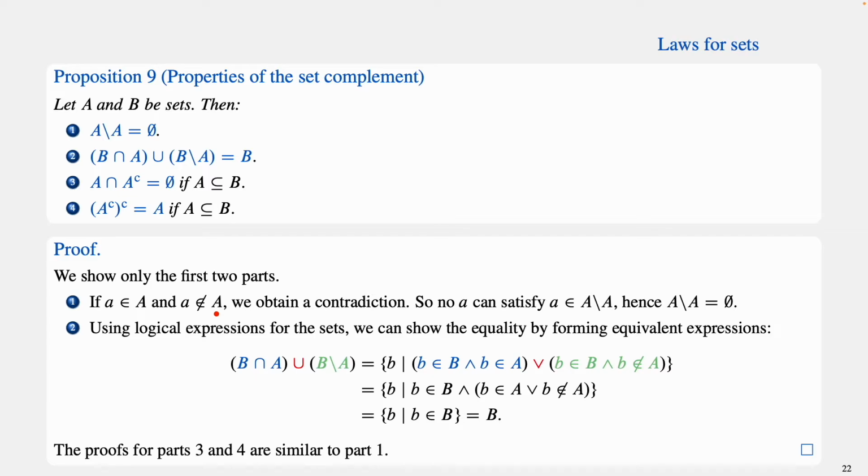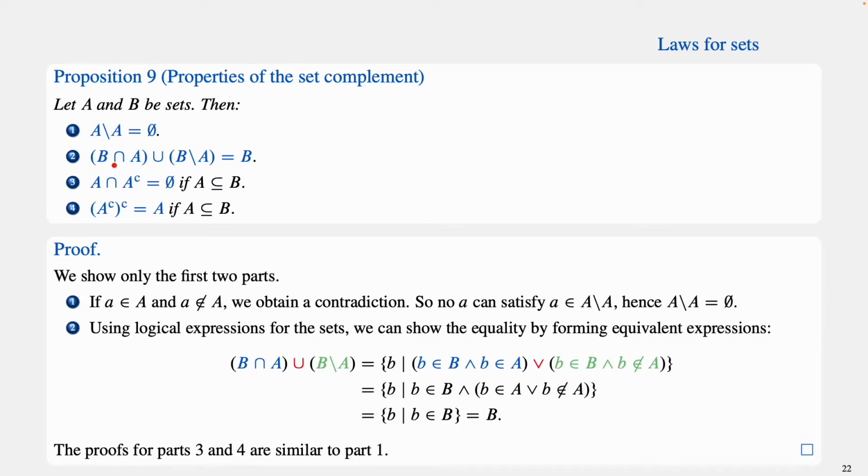For part 2, we use logical expressions for these sets here, and then we can show this equality by forming equivalent expressions. So here I do not use this trick of first showing that this is a subset here and then showing that this is a subset here, but I can do this simply by manipulating equivalent expressions.